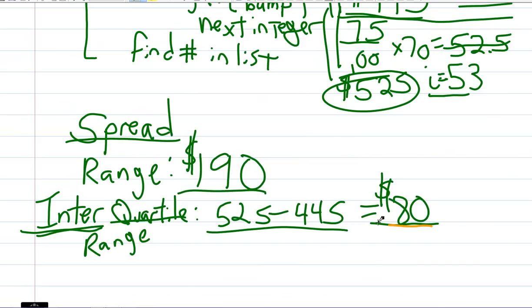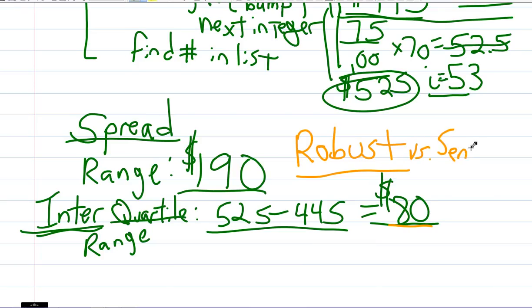Well, the big reason is, in a couple of videos ago, we talked about this idea of whether a measure is robust. And here we're going to see it again. Robust versus sensitive, we'll say. Sensitive means that something you're measuring changes very easily when you have an outlier, a very high or a very low number.